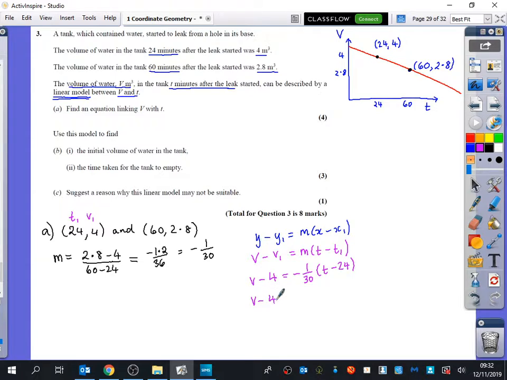So volume minus 4 equals minus 1 over 30 t, and then I've got minus 1 over 30 times minus 24, which is plus 4 over 5 when we calculate that. So the volume is equal to minus 1 over 30 t plus 24 over 5.